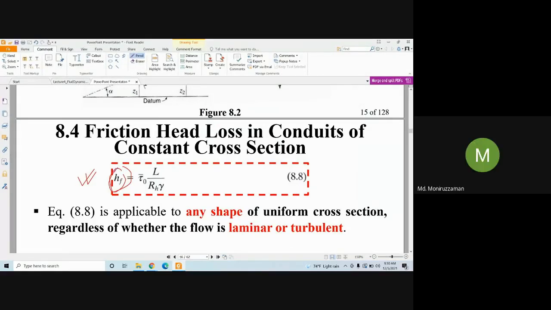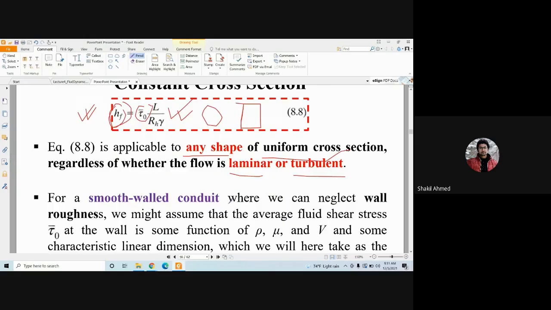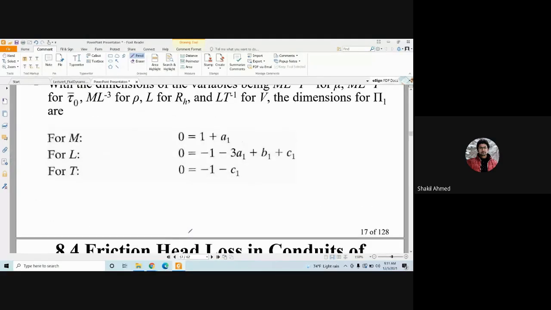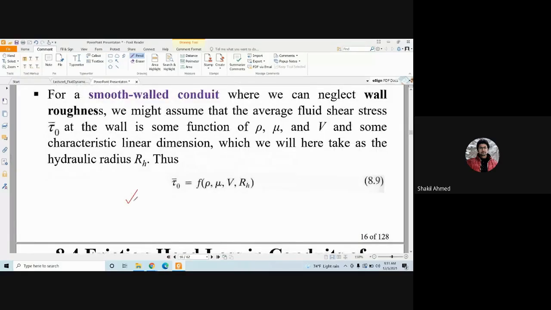Now, this equation is applicable to any shape of uniform cross section, regardless of whether the flow is laminar or turbulent. So it can be applied to laminar flow, turbulent flow, circular cross section, rectangular cross section, or any other shapes. But if you look at this equation, you'll see that we have shear stress here, and it's difficult to identify the shear stress. So here, the engineers are smart. They've applied dimensional analysis.